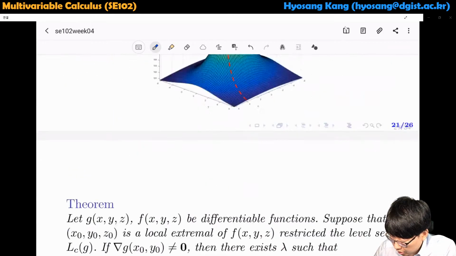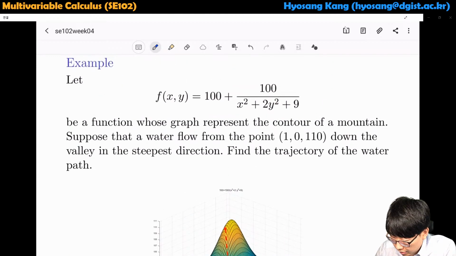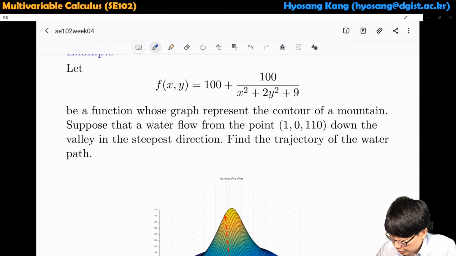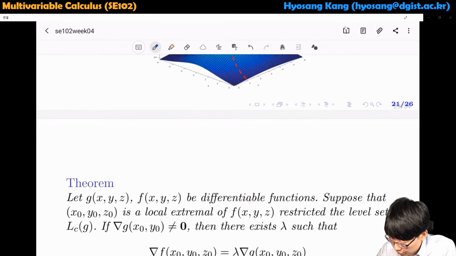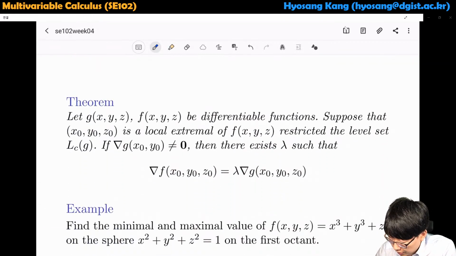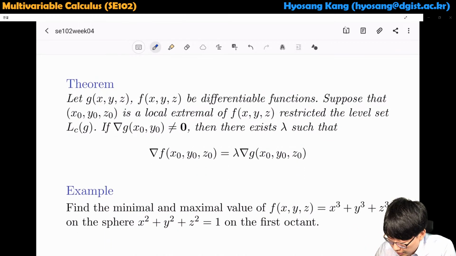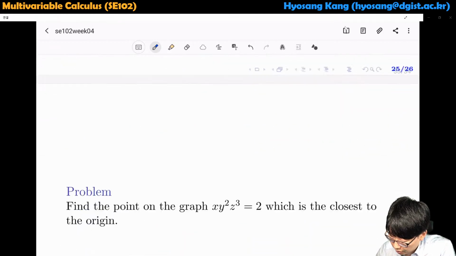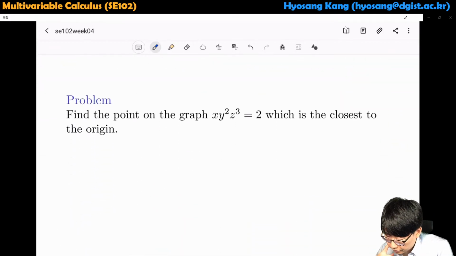So far we talked about the Lagrange multiplier for a two variable function. You can use an application like this one. We'll do this later. And also there is a version for three variable functions. So if you know the Lagrange multiplier for three variable functions, you can solve this kind of problem.